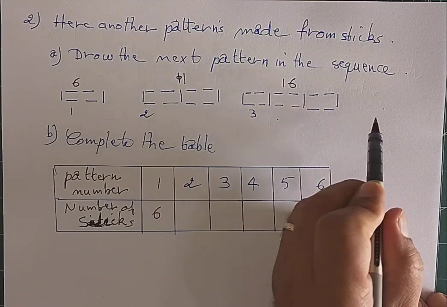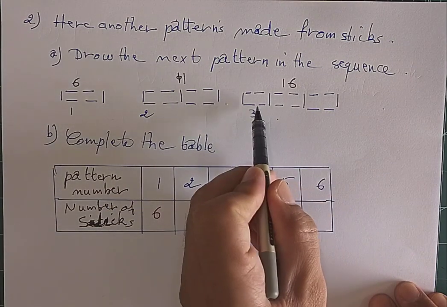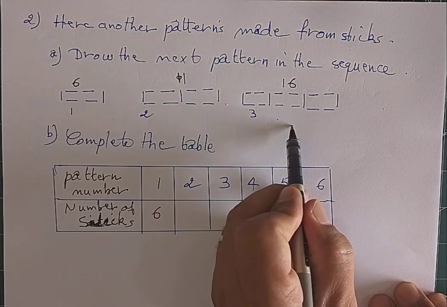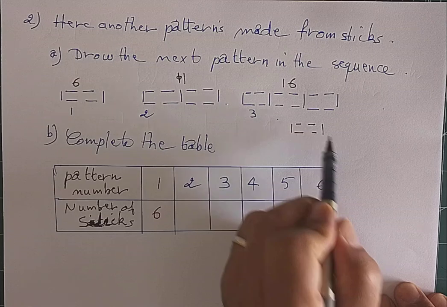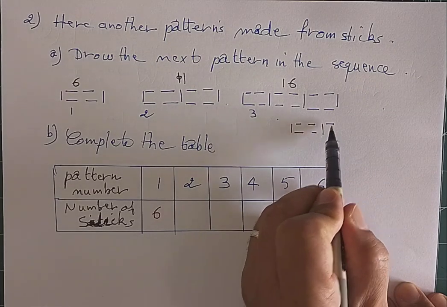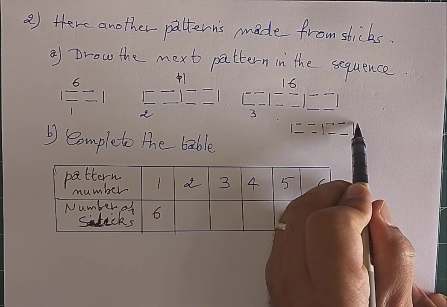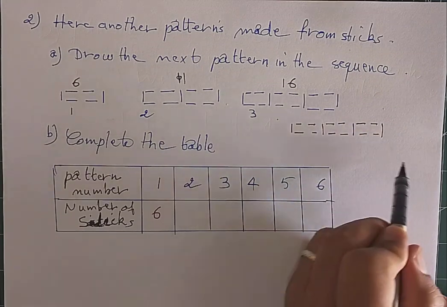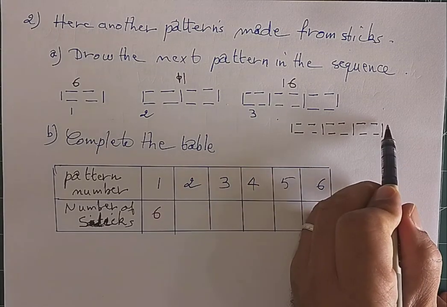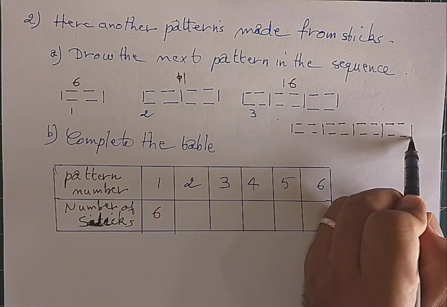If we do not want to draw the next one, I put the same pattern. The first one, the second one I add 5, the next one I add 5, and I add 5 here also.